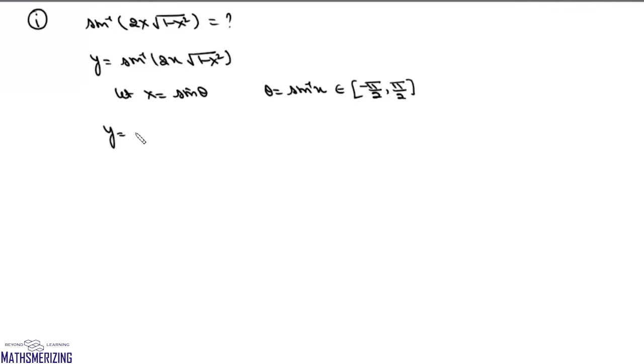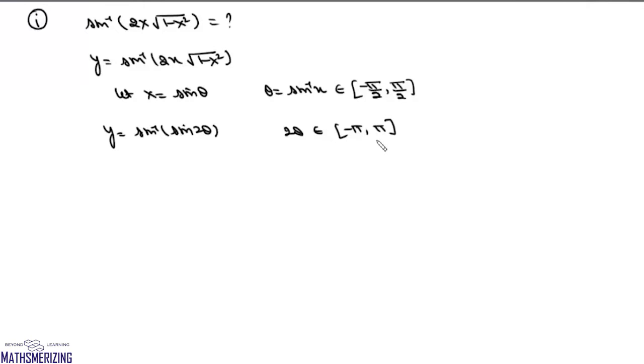We'll get this y as sine inverse of 2 sine theta into cos theta. So it'll be simply sine 2 theta. Now 2 theta will lie in the interval from minus pi to plus pi, which is not the principal value range of sine inverse. So we simply cannot cancel sine inverse with sine.